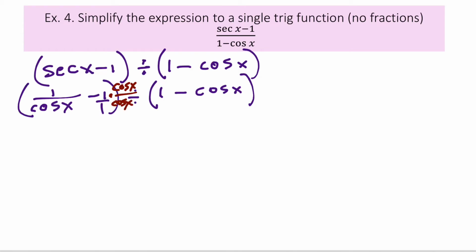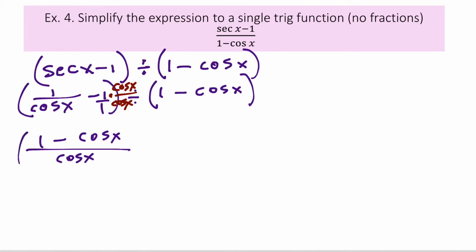So I can combine this whole thing into only one fraction. All right, so now I've got 1 minus the cosine of x as my numerator over the common denominator, cosine of x. And so I've got that into one fraction now.